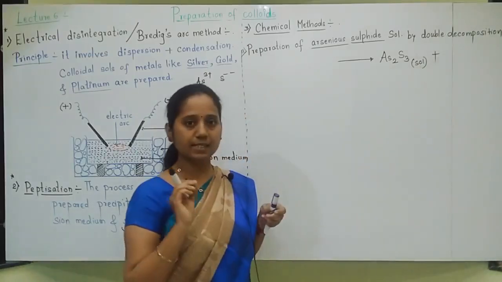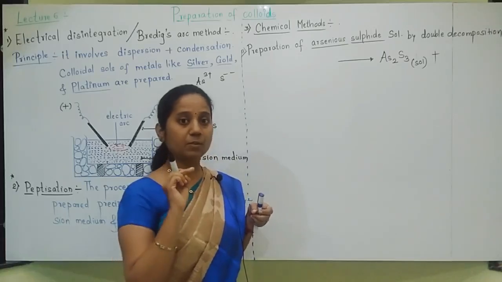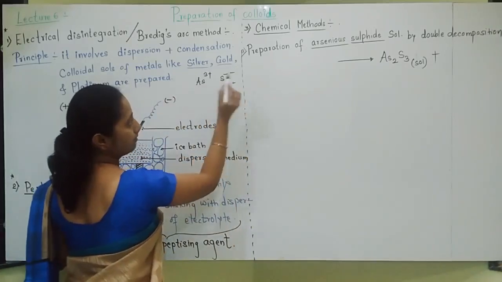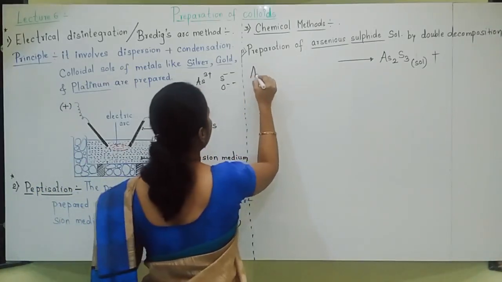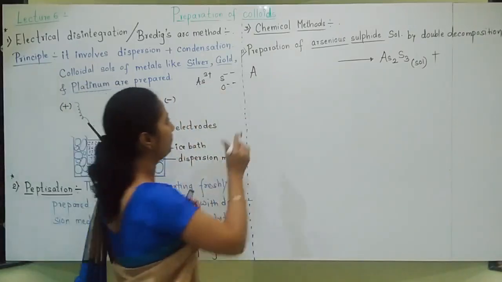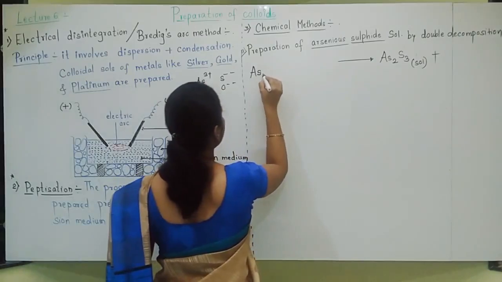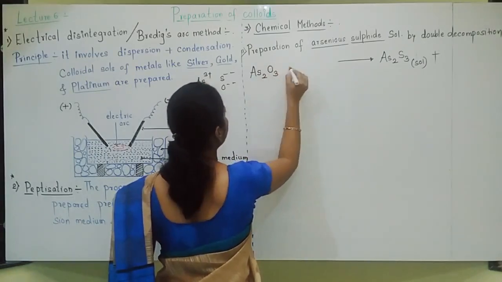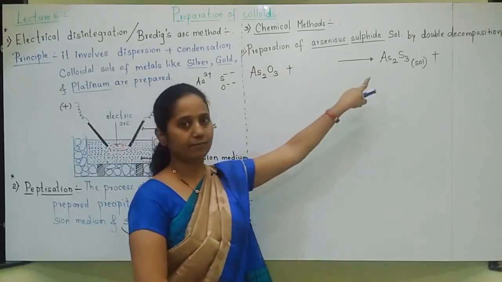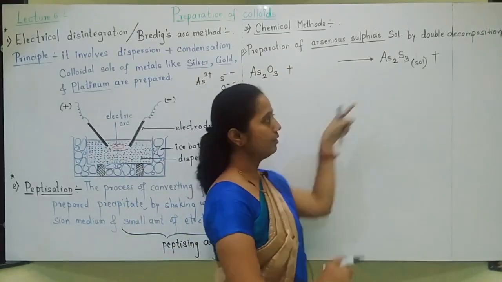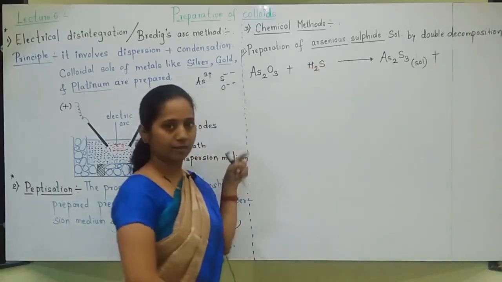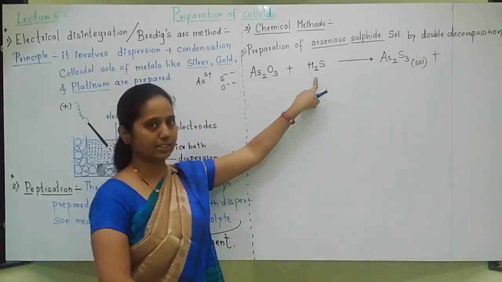Okay, this arsenious sulfide sol is prepared from arsenious oxide. Arsenious oxide formula, I hope you know, cross multiplication, As2O3. From arsenious oxide, As2O3 plus. Now see, arsenious oxide is there, its sulfide has to form, so we want sulfur. So H2S is added. Okay, understand? Sulfur we want, so H2S is added.